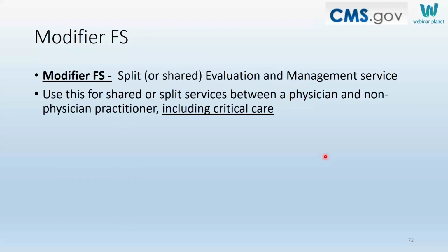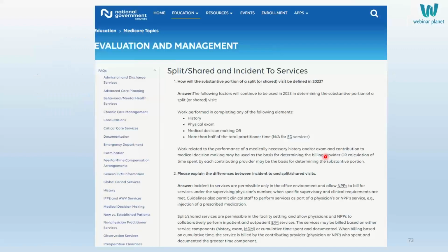So split shared billing, we append the modifier FS. If you don't append the modifier FS, then technically speaking, they would not be allowed to bring both sets of documentation together to find the level of service. And so that could be very costly from an auditor's perspective. This includes critical care. Anytime we're doing a split shared visit in critical care as well.